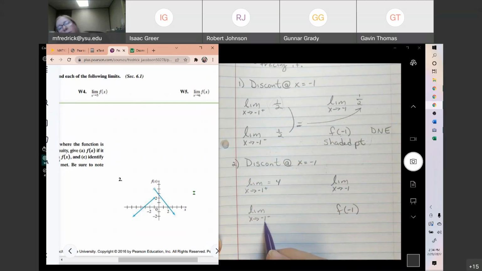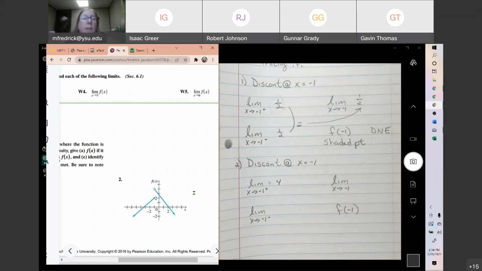The limit as x approaches -1 from the left, go to the left side. Doesn't have to. Correct. The answer for a limit is a y value, but it doesn't have to hit the y-axis.